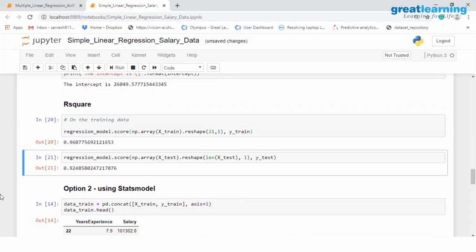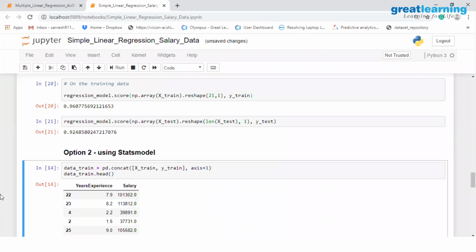If a new value comes in, I could give it with 96% confidence: with 5 years of experience, this could be his salary, provided he is within the same range that I have taken to train the model. Else the diminishing effects of the model come in if I go beyond the range of the x variable that I have trained.